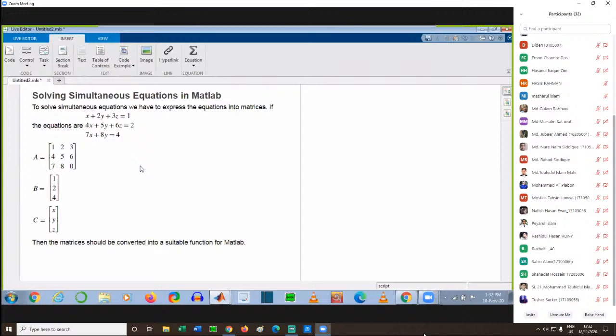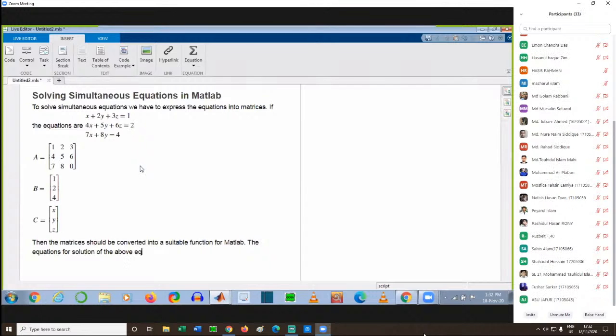Okay, the equation. I'm just practicing some writing.